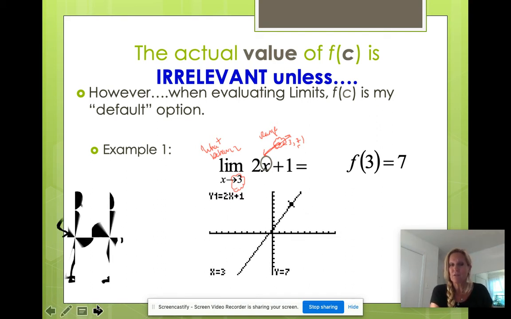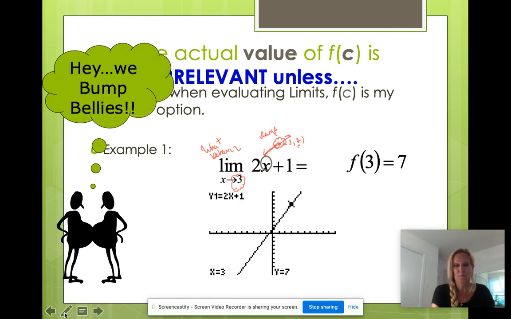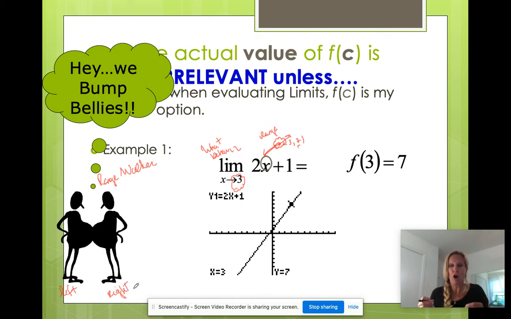So here's a graph, and here are my two range walkers. My range walkers have big bellies. This range walker walks from the left side of the domain, and this range walker walks from the right side of the domain. Okay? And they walk along the range, though. They're range walkers.